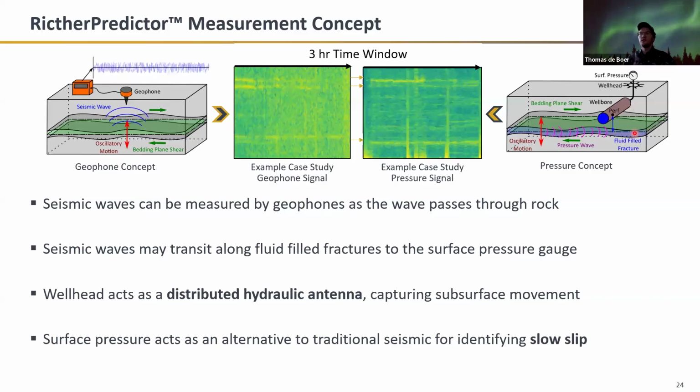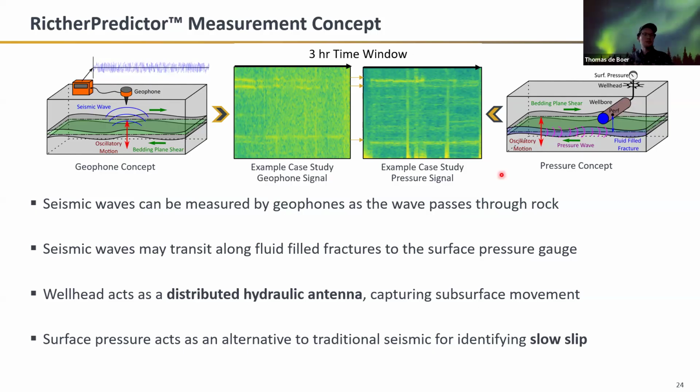When we look at the frequency breakdown between, on the left-hand side, a geophone spectrogram, so this is produced directly from those full waveform geophones, and on the right-hand side, the spectrogram from our pressure signal, so a pressure sensor on the surface, we can see that the resonant frequency bands between these two are analogous.